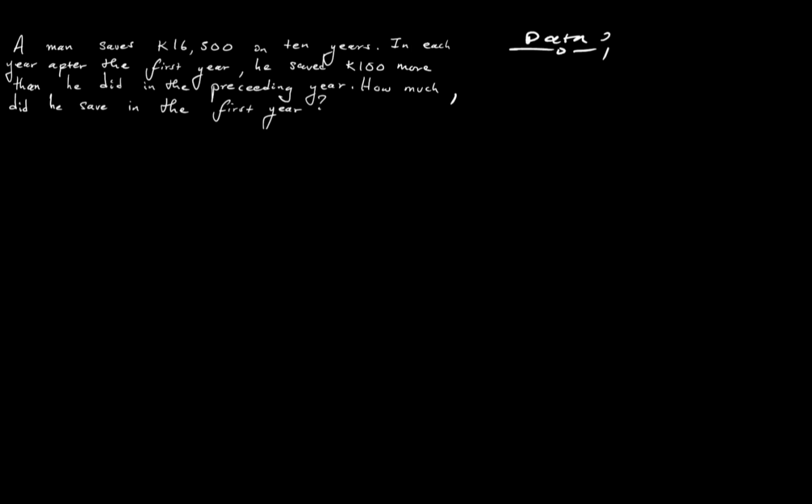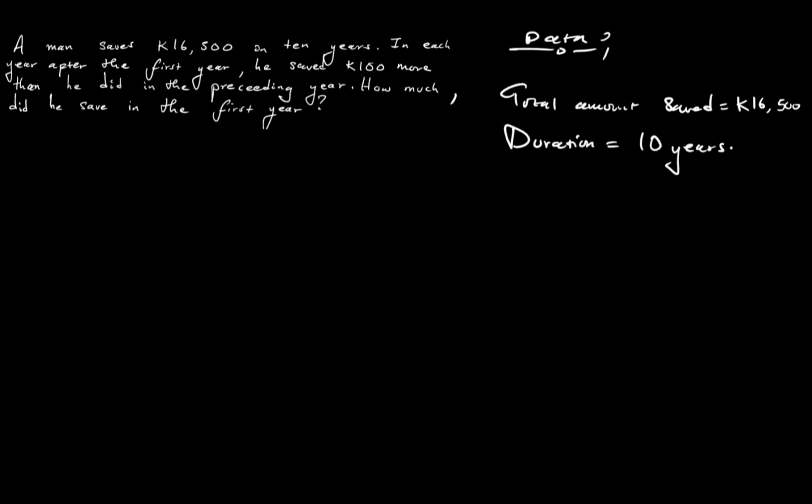So let's put that in data: total amount saved is equivalent to 16,500 kwacha. And then we need to understand the duration in which this amount of money was saved. That could be regarded as a period as well, but let's just say duration for now. The duration is 10 years.